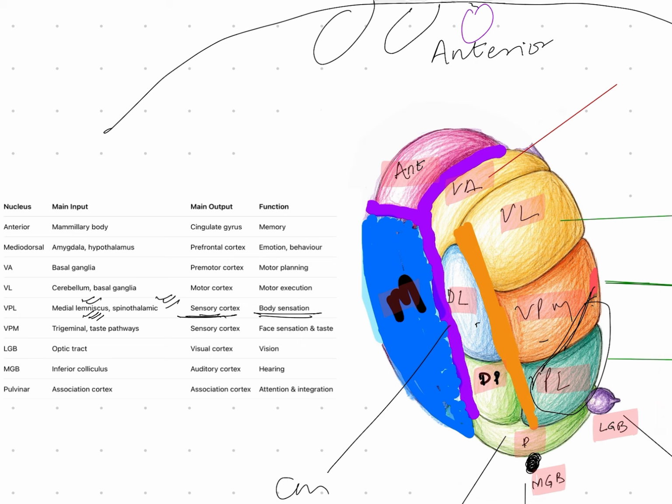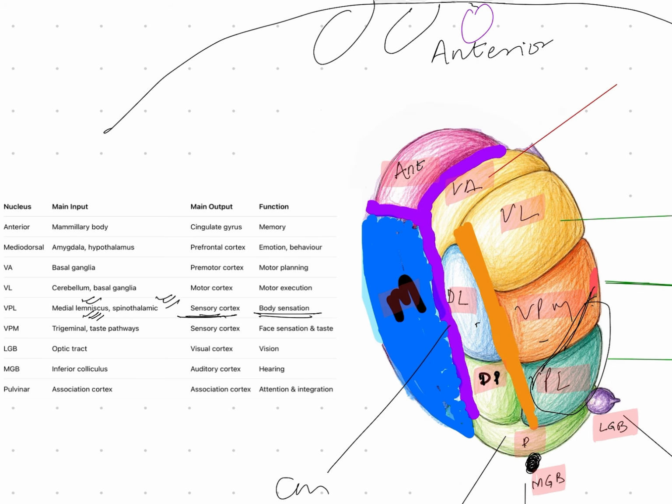Okay, and then ventroposterior medial, it will take sensation from the face, trigeminal pathways, as well as carry taste sensation, so it will also go to the sensory cortex. Then come the two bodies, lateral geniculate and medial geniculate body. Medial geniculate body takes input from the inferior colliculus and then goes to the auditory cortex and is associated with hearing.